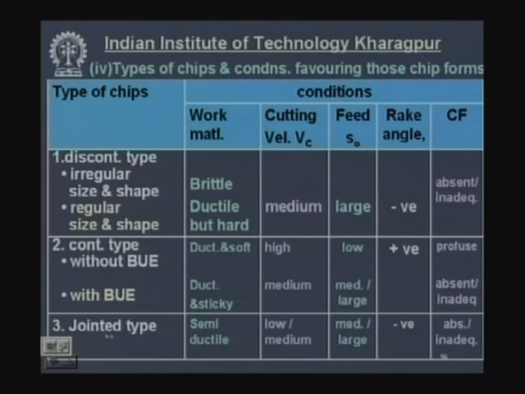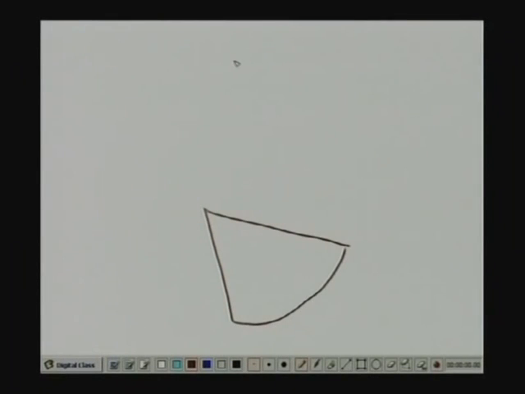Now, I shall show you this segmented chip or the jointed chip and this regular chip. Why does it happen? Just imagine this is a cutting tool and the chips are flowing like this.